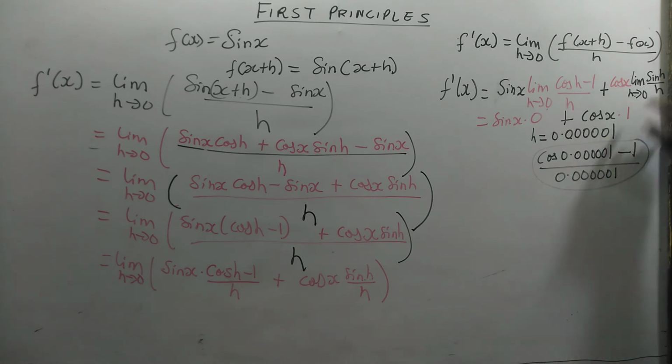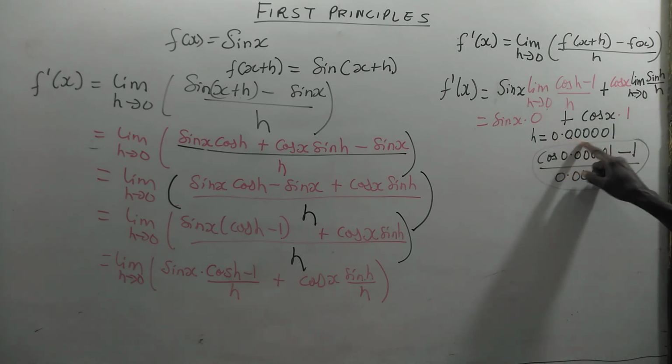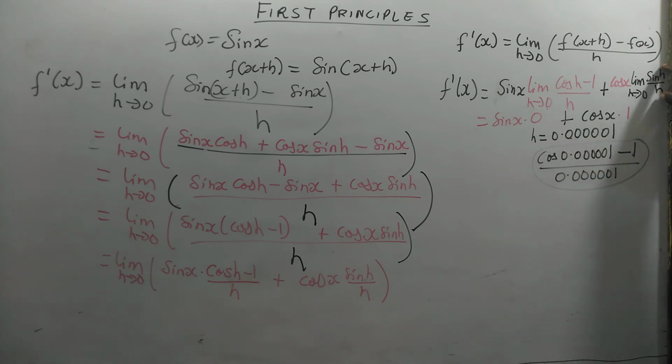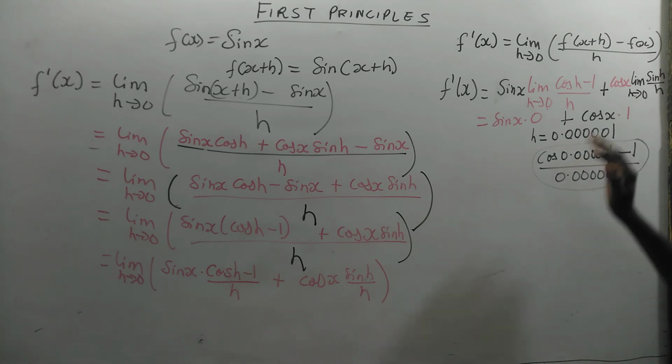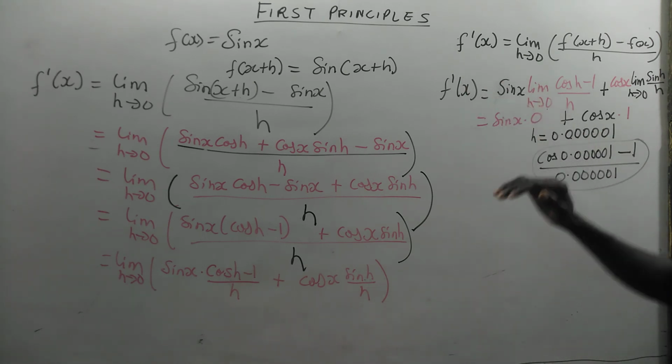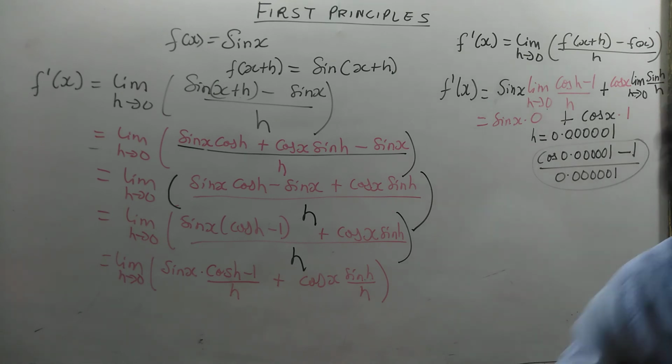If you put h to be equal to 0.0001 into this one, you see that sine h over h will also approach 1. However, there's a geometric proof to this, but for the sake of this proof, let us take it this way.